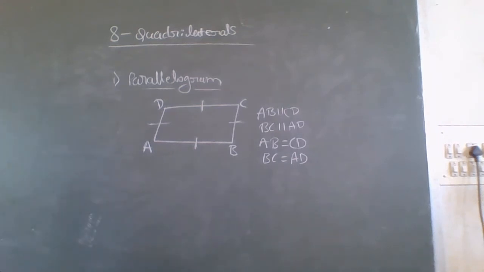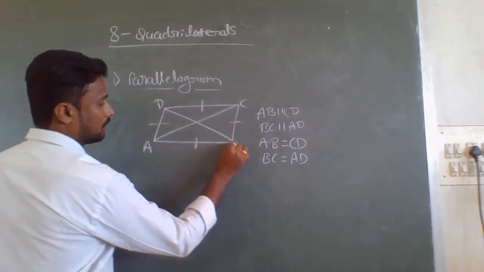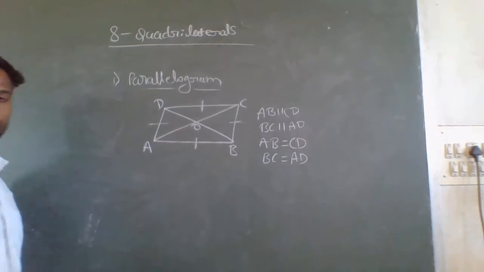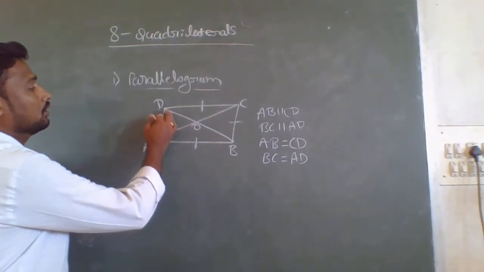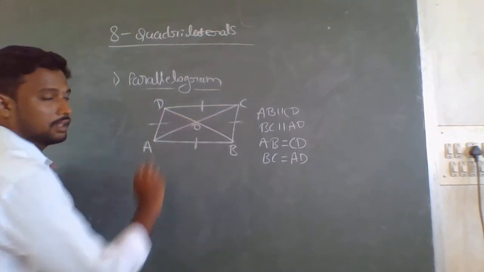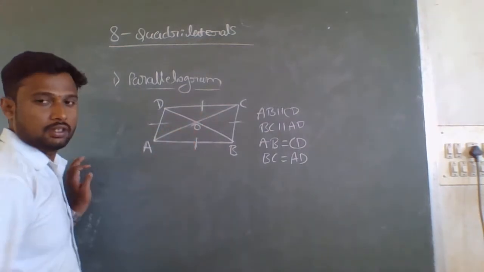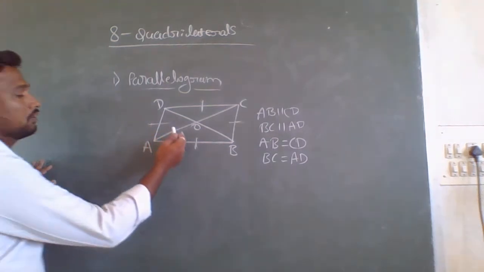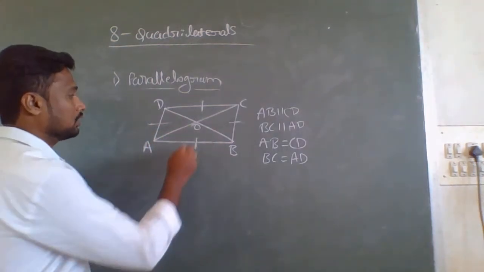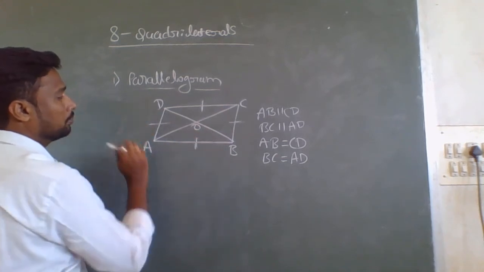And here diagonals bisect one another. Diagonals means here AC and BD. This is the point O. Diagonals bisect one another means these two diagonals intersect each other at point O in such a way that the diagonals are divided equally into two parts. Means AC is divided into two parts by the other diagonal BD.